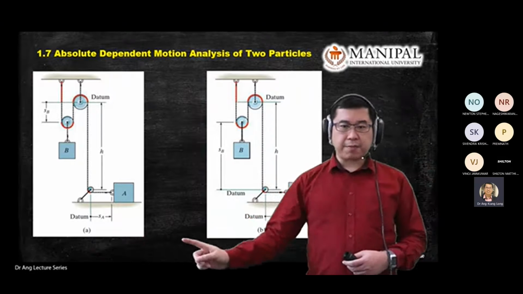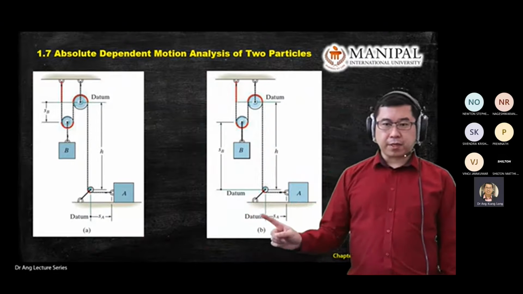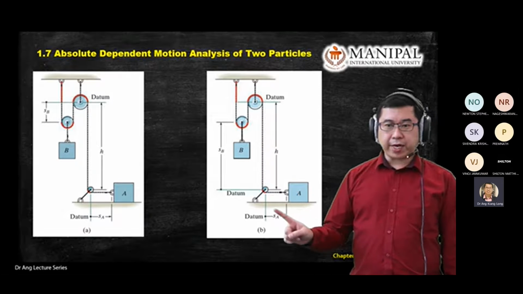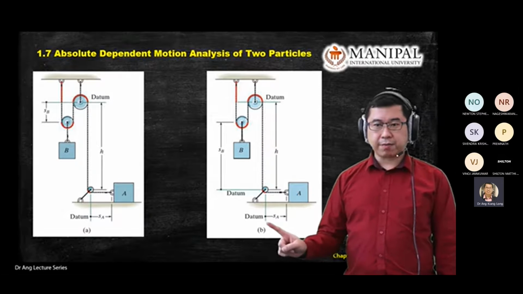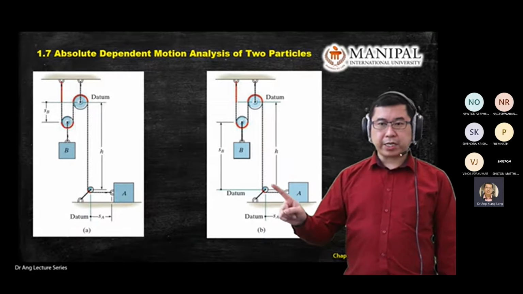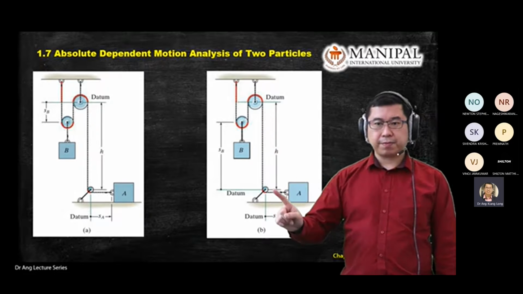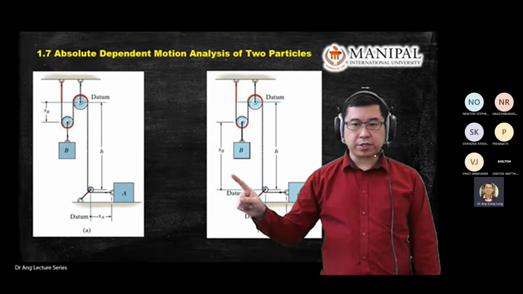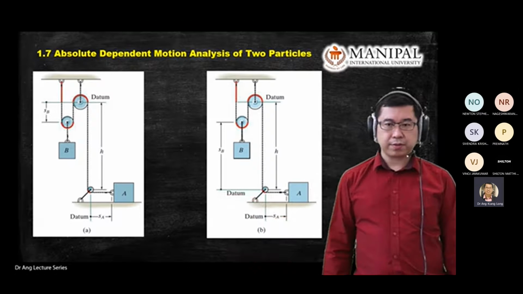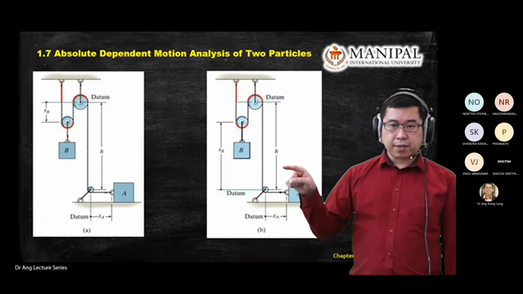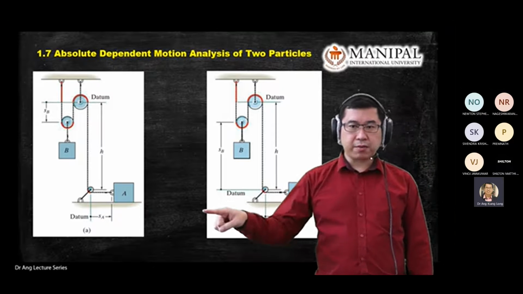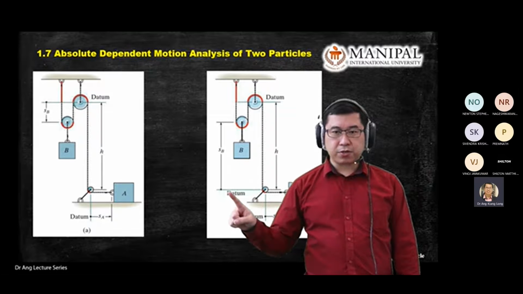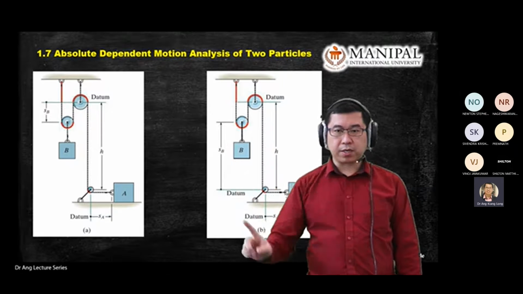You refer to A and B. Datum for A remains the same, still the same as A in this direction. H is still the same. However, my SB I change by referring to a new datum over here, where my SB is now measured from here to here.